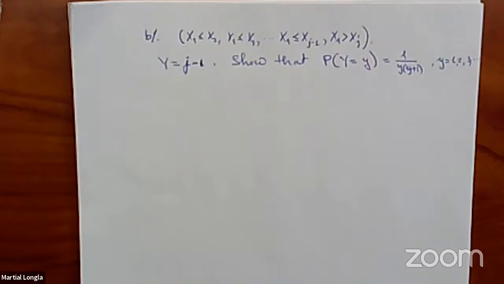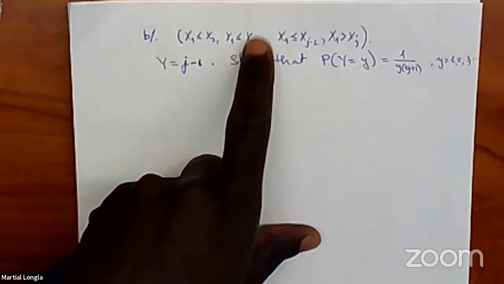How can we make the two look like similar things? And remember that when we are writing this, it's always in terms of events. So this is an event.